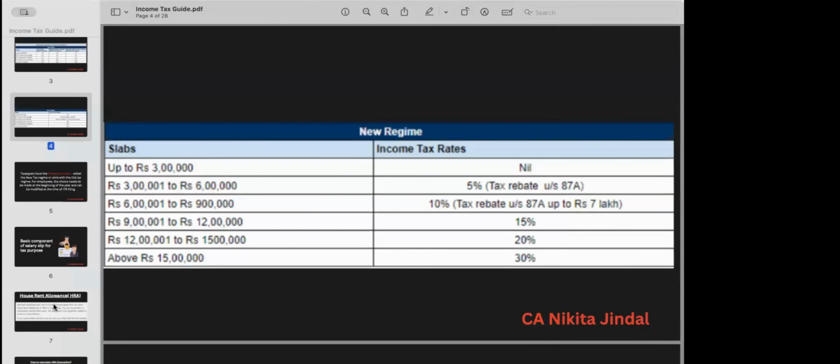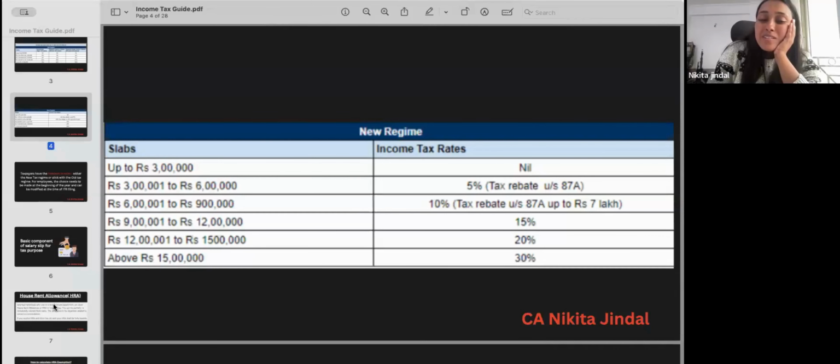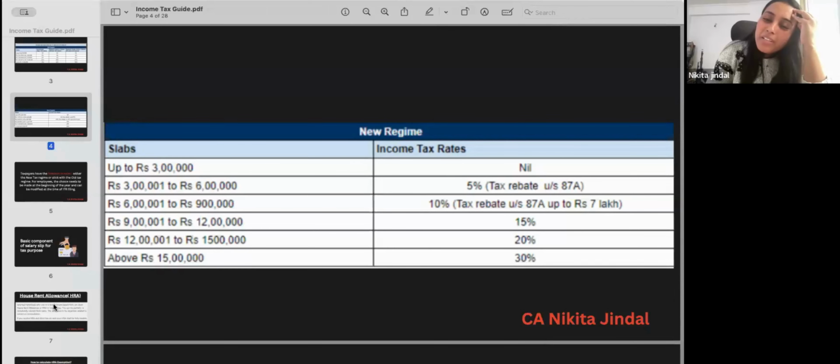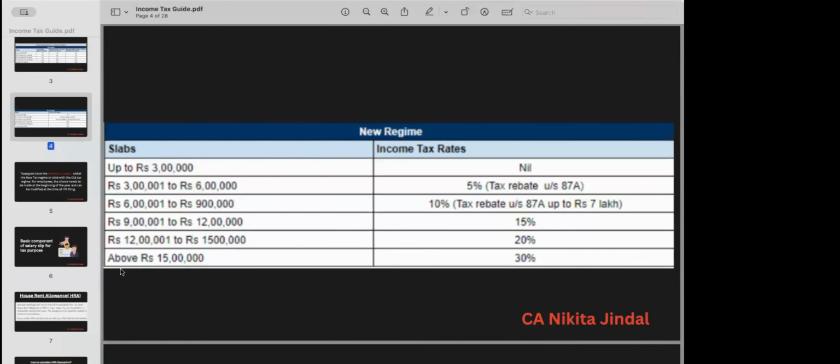Next question. I have heard that we can claim ITR for gold and medical bills. Is this correct? If yes, then please tell me how to claim it. Ritika, sorry, I didn't understand this question.